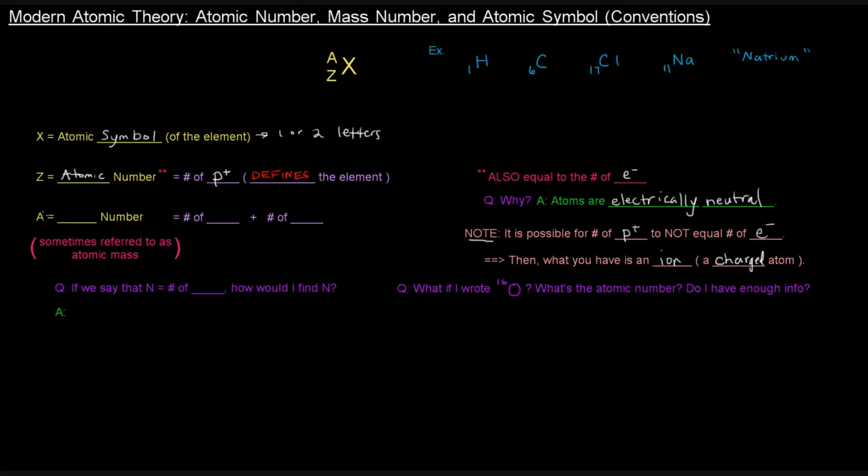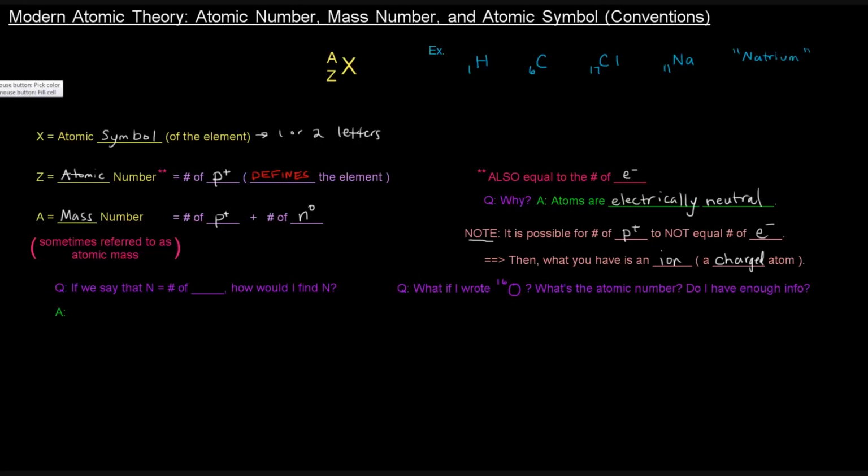Okay. A, the number up here at the top left, is the mass number, sometimes referred to as the atomic mass. Okay. It is equal to the number of protons plus the number of neutrons. So the number of protons, that's Z, right?